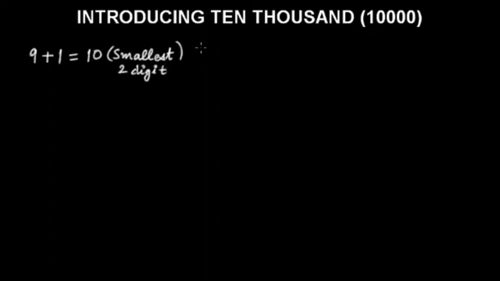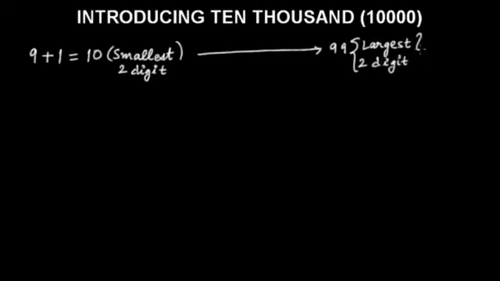Then what is the largest 2-digit number? Of course, 99 is the largest 2-digit number. Okay, now what if I add 1 to 99?